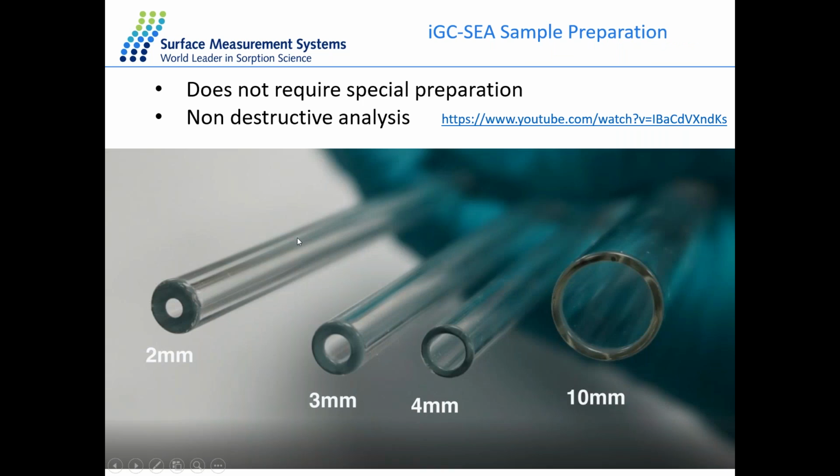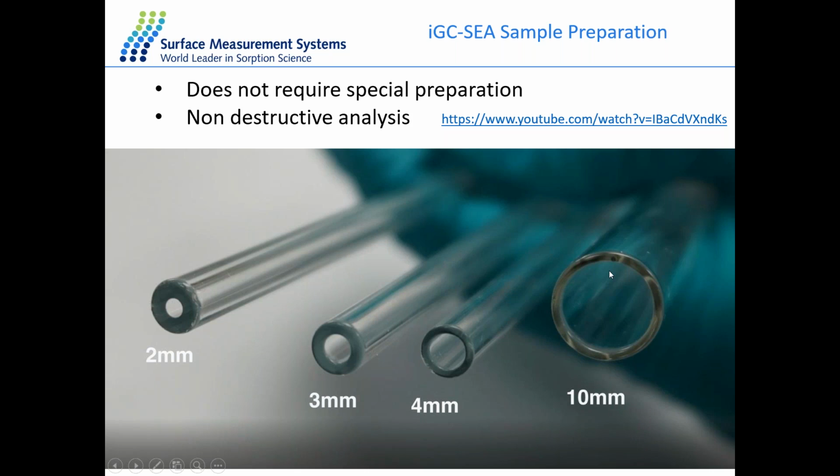We have a range of different columns. We have 2mm, 3, 4, and 10mm columns. Our 2mm columns are for very fine particulates, 3 and 4mm columns for larger particulates, and the 4mm column is for more fibrous material.